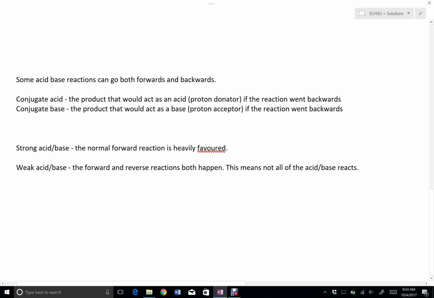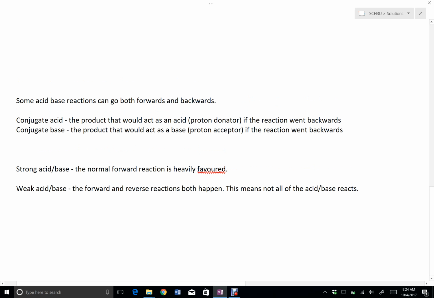When we have these more complex reactions that can go both forwards and backwards, we have special names for the products associated with them. The acid produces a conjugate base, and a base produces a conjugate acid. So for example, if we imagine the reaction between ammonia and water to produce ammonium and hydroxide.